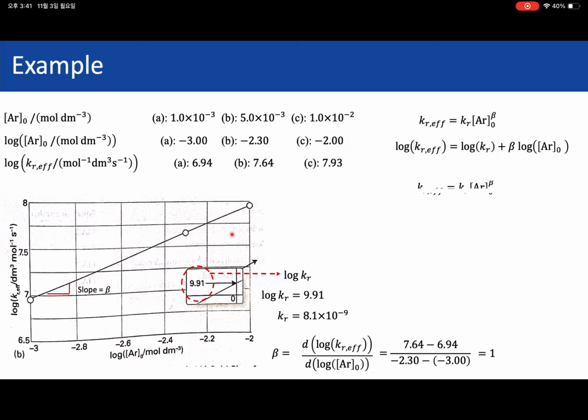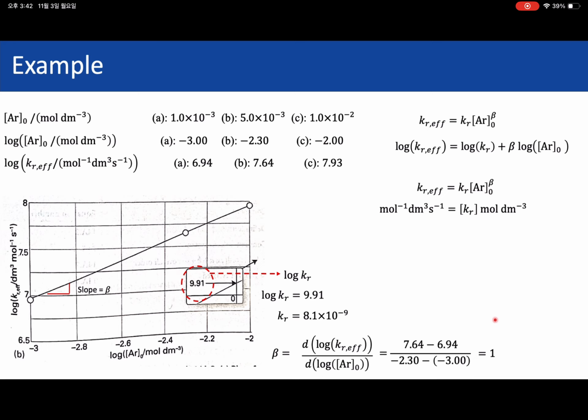So now we need to define the unit of the rate constant. From the previous graph we can define the unit of this effective rate constant, which is like this, and this part, the argon concentration to the power of beta.